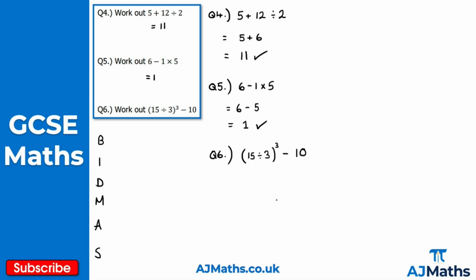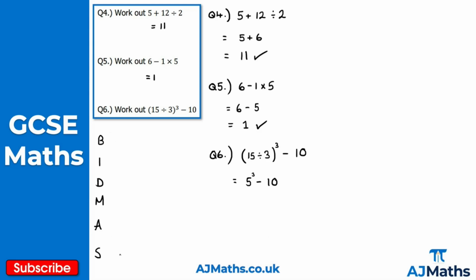So again, let's just refer to BIDMAS here. Starting with the B, brackets, we do have brackets. I've got 15 divided by 3. So how many 3's go into 15? Well, that would be 5. But what I've got here now is 5 cubed minus 10.